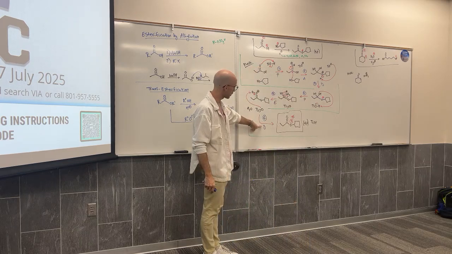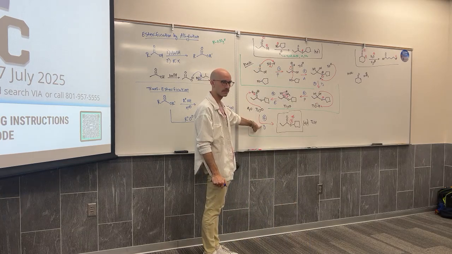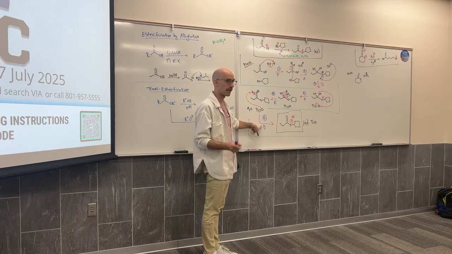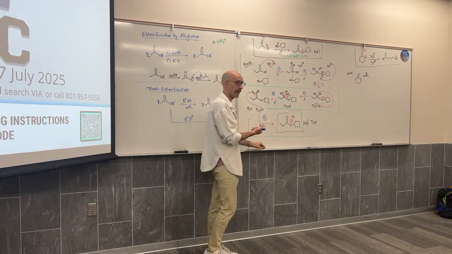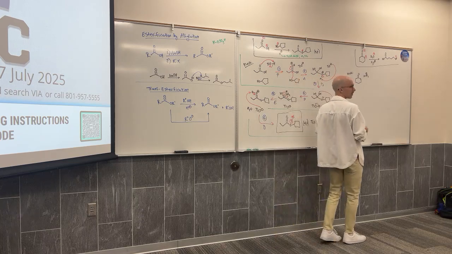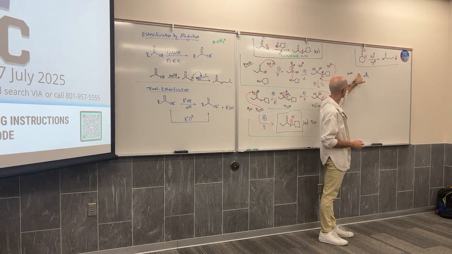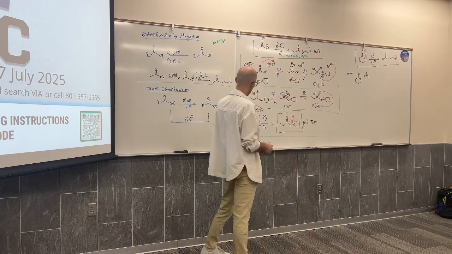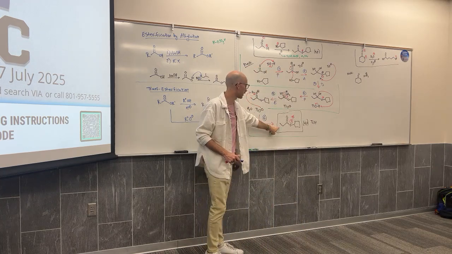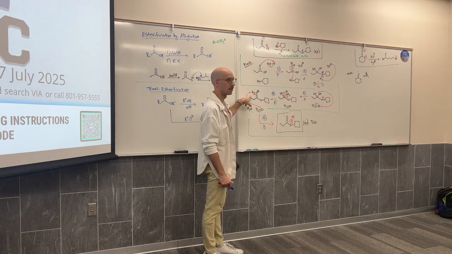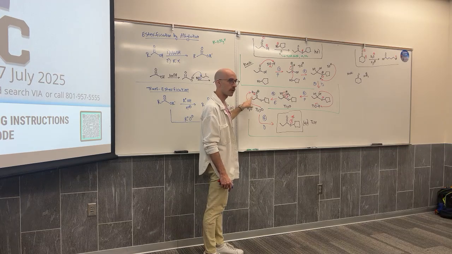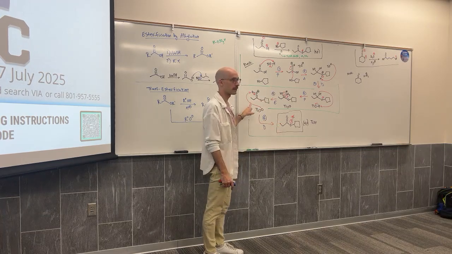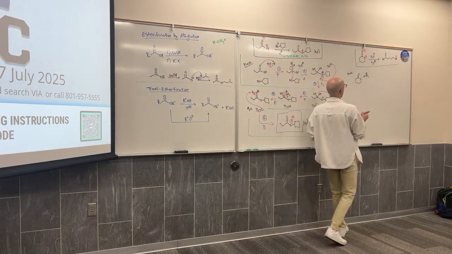What is the opposite of deprotonation? Protonation. Which means my first step in the reverse reaction is protonation. Should I protonate the carbonyl or should I protonate the ester? Well, take a look at the reverse. What did you deprotonate in the last step? We deprotonated the carbonyl. So in the reverse reaction, the first step is to protonate the carbonyl.